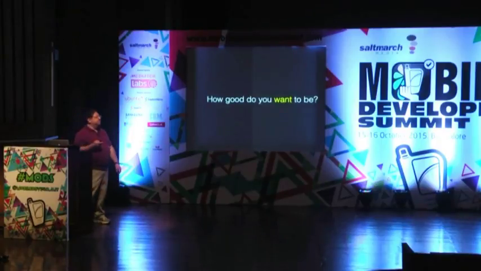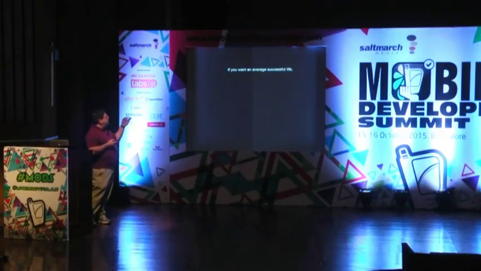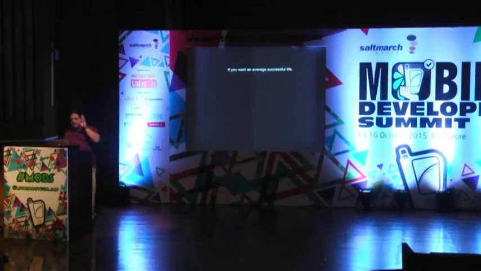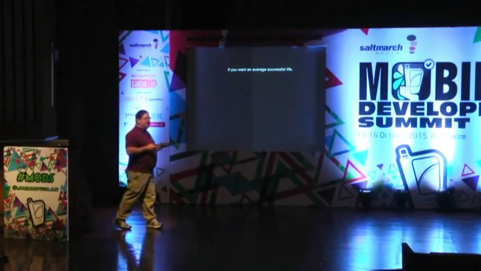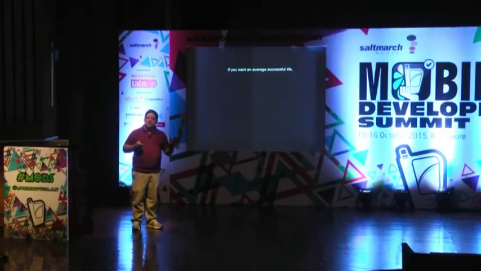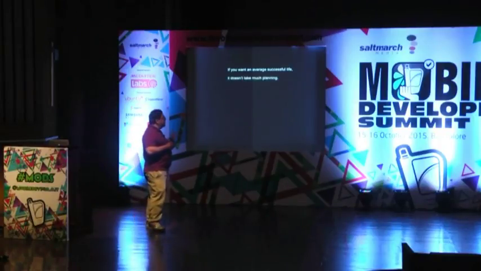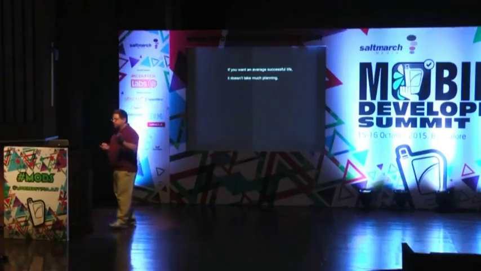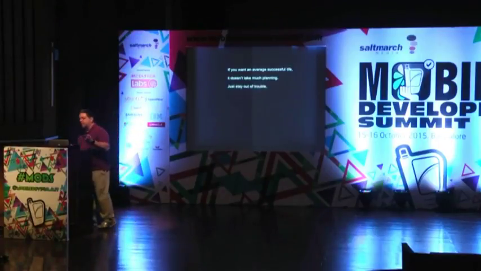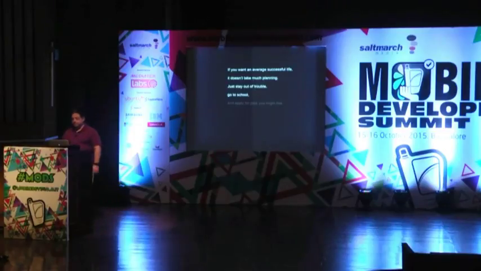So the guy who draws the Dilbert cartoon talked about what you need to do if you just want to have an average, successful life, and it turns out if that's all you aspire to be, that turns out not to be so hard. You know, you stay out of trouble, you go to school, basically, you show up.